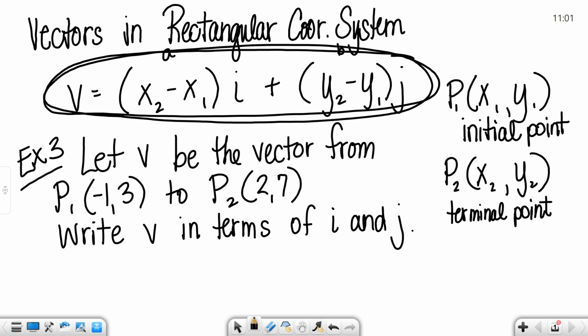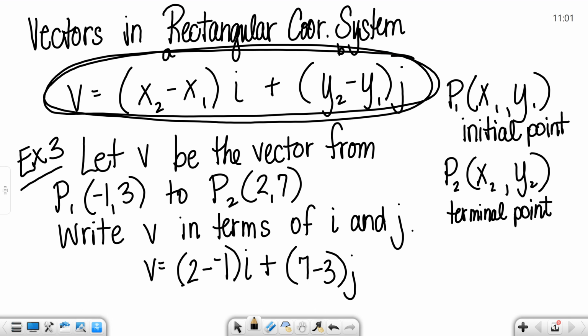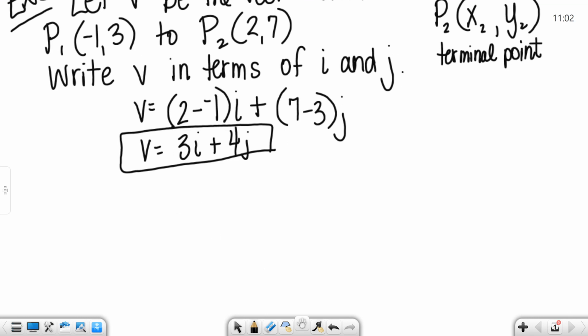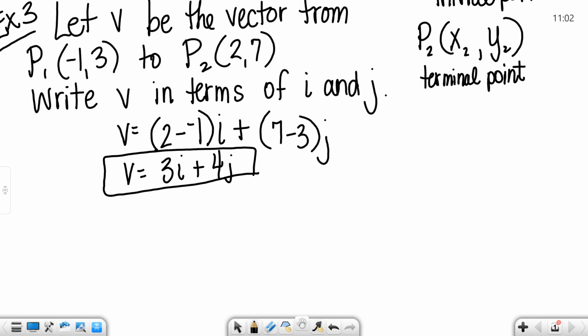Okay, remember we said to find the A component, we subtract the x values. So 2 minus -1, that would be i, plus 7 minus 3, j. And now we just do that. So 2 minus -1 would give me 3i plus 4j. And there we go. We have written it in terms of i and j. So simple.